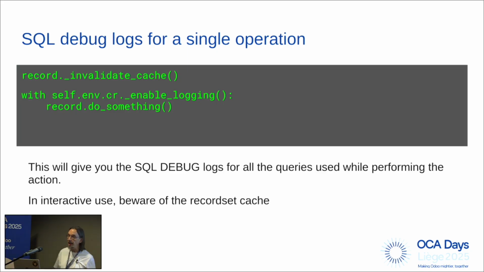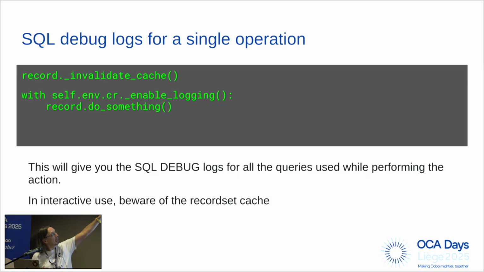In the same vein, one tool that I like is the SQL debug logs of Odoo. If you enable that from the command line and start Odoo with --log-level=debug_sql, you get a mouthful, and more than that, of logs.